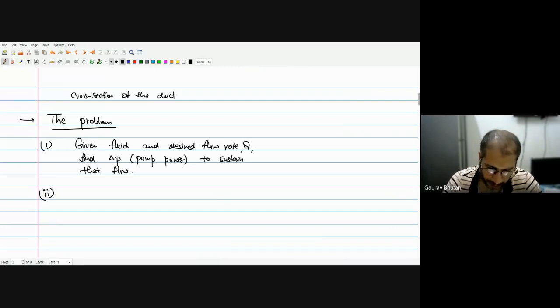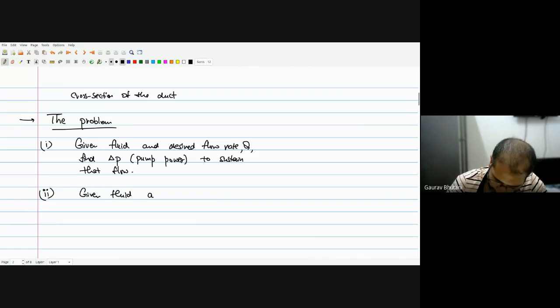And the second kind of problem is, given a fluid. In most practical cases, the fluid is fixed. You don't change the fluid that you want to transport. That's dependent on the application that you're dealing with.